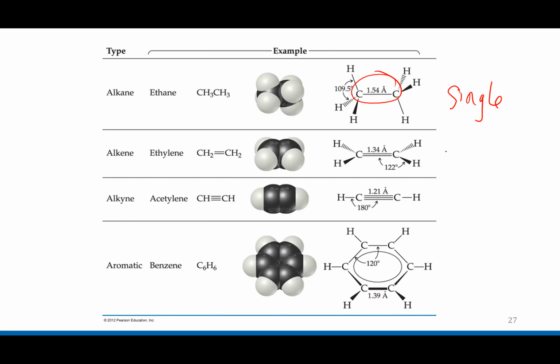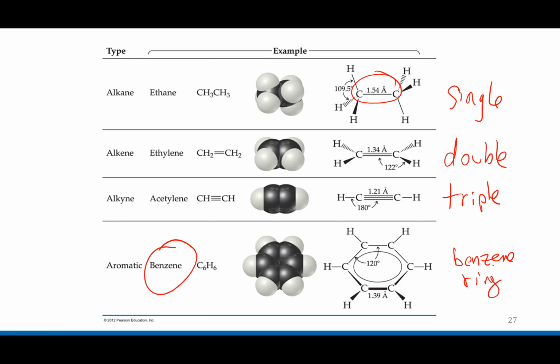I'll get to that in 1 second. Alkenes, double bonds. Alkynes, triple bonds. And then aromatics or benzenes, well, they have that ring. I don't want to say ring though. It has to be a benzene ring. It can't just be a circle or a cyclic chemical.